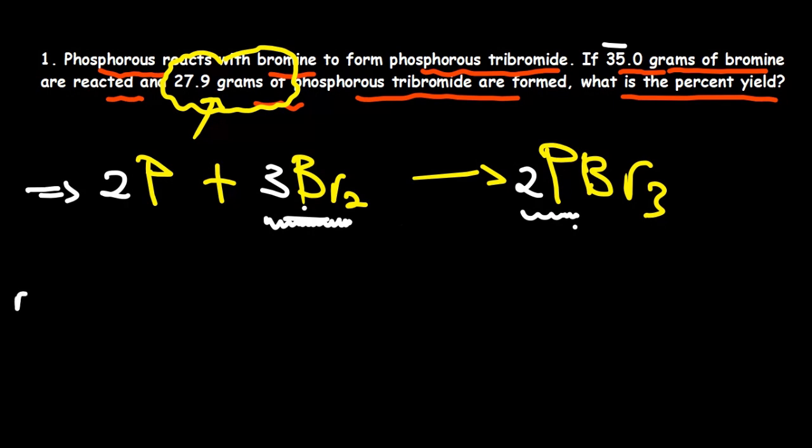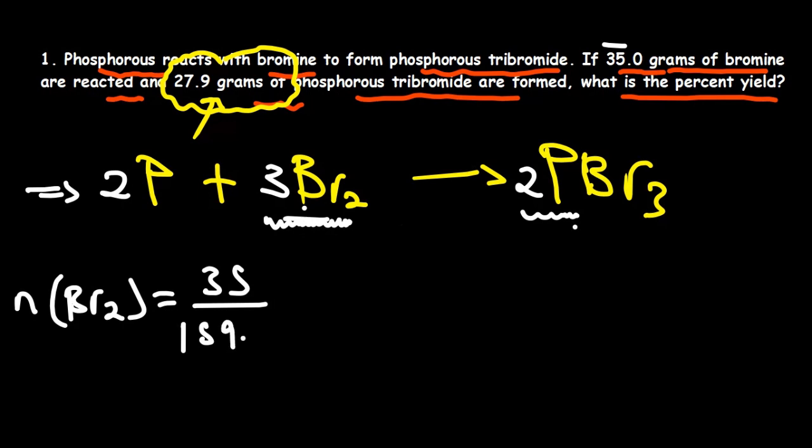So, moles of bromine: we divide the given mass by its molar mass. What's the molar mass of bromine? The molar mass of bromine is approximately 159.808. What are we going to get as our number of moles?